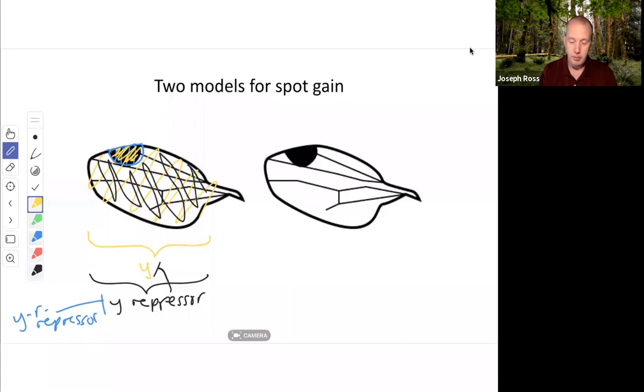The other possibility is a bit more straightforward, which just says that there's some sort of regulation in the wing tissue that makes the yellow protein only ever expressed in that part of the wing, not in any other part of the wing. So those are two different possible models for how developmentally this sort of pattern could be produced.